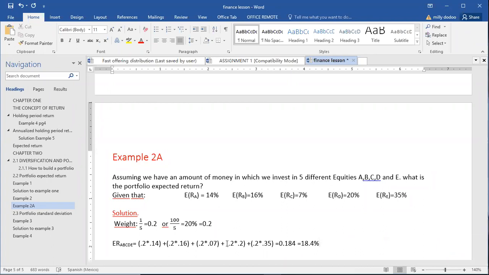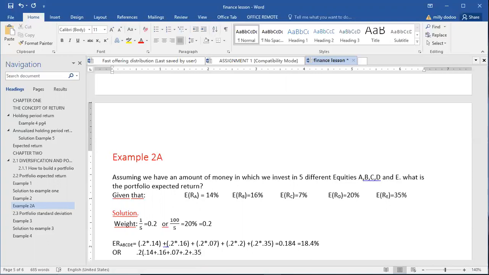Now, student A can solve it like this. Student B, who is very good in statistics, will say, but if all of them are having equal weight, then I'll just bring 0.2 here. Then I say bracket open, 0.14 plus 0.16 plus 0.07 plus 0.2 plus 0.35.